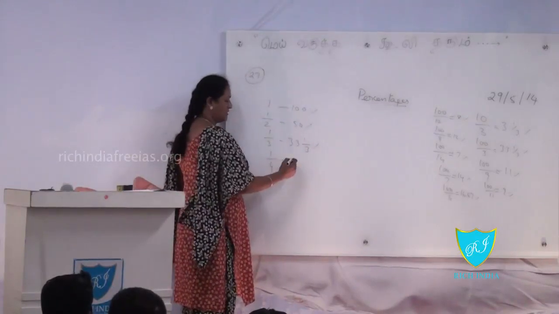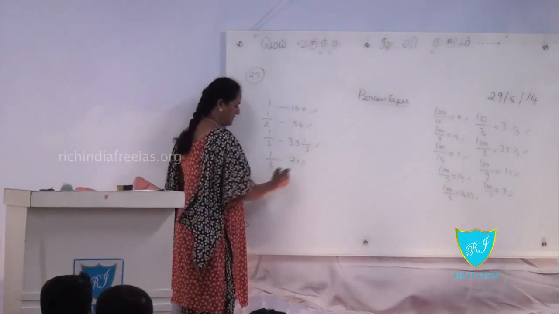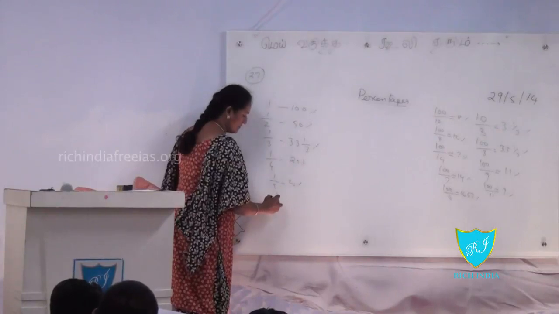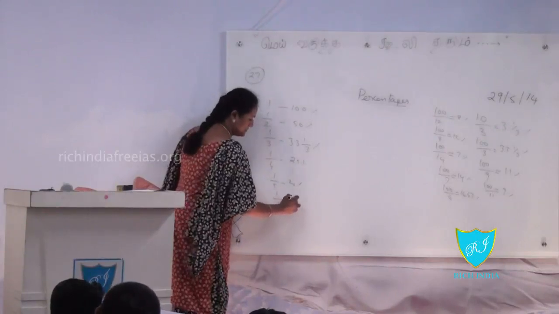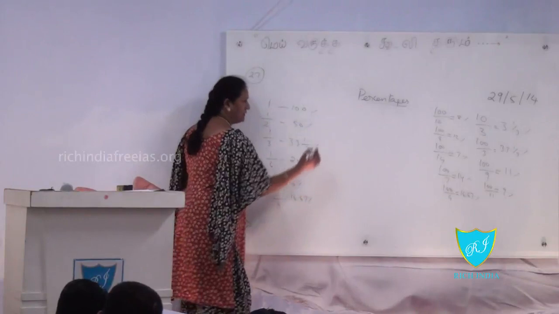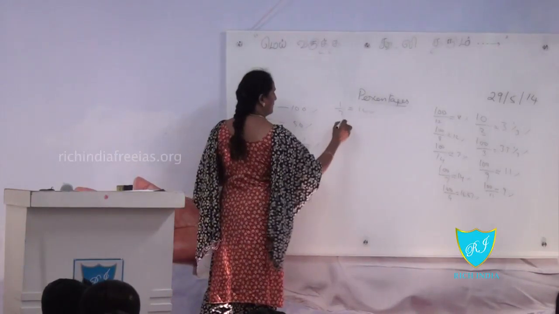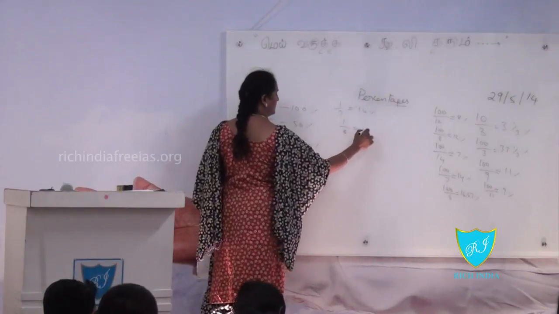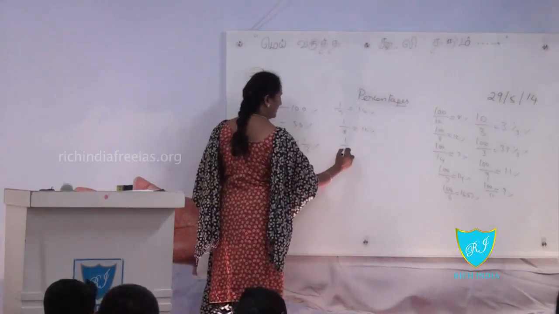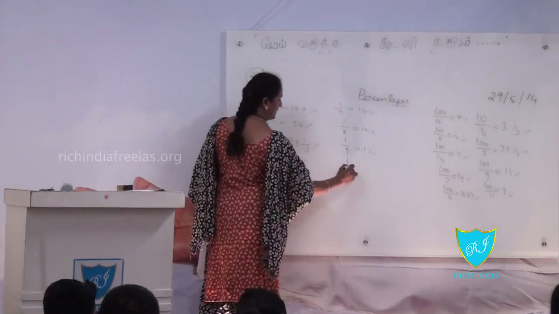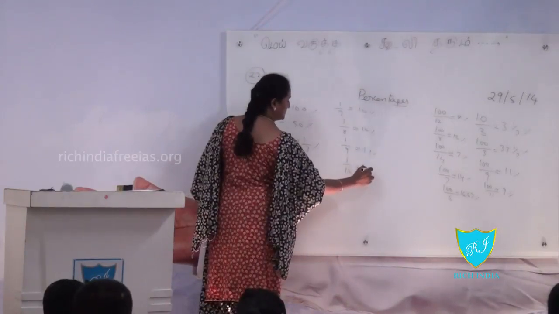So 1 by 4 means it is 25%, 1 by 5 20%, so 1 by 6 16.67%, so 1 by 7 14%, 1 by 8, 1 by 9 11%, 1 by 10, so exactly it is 10.